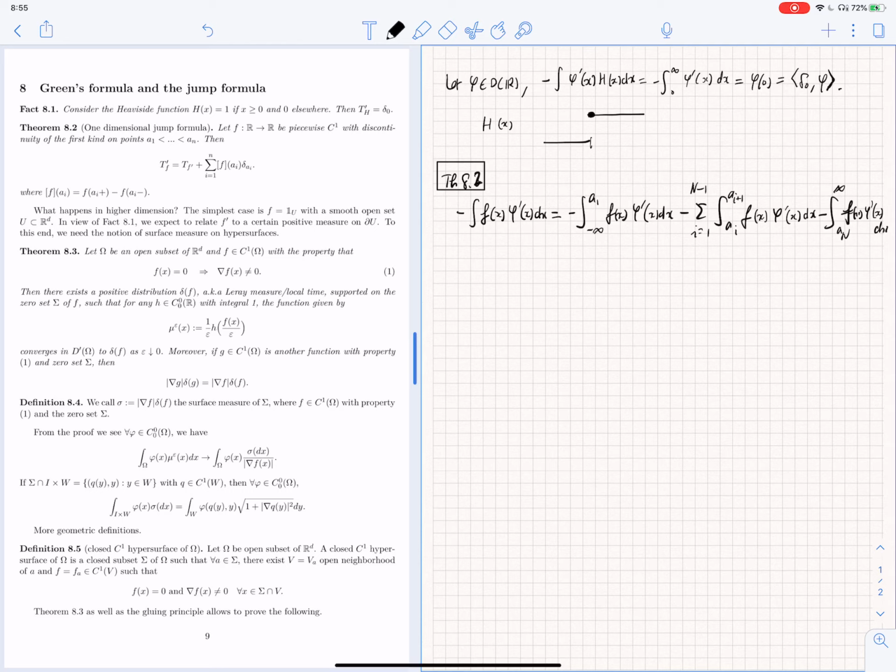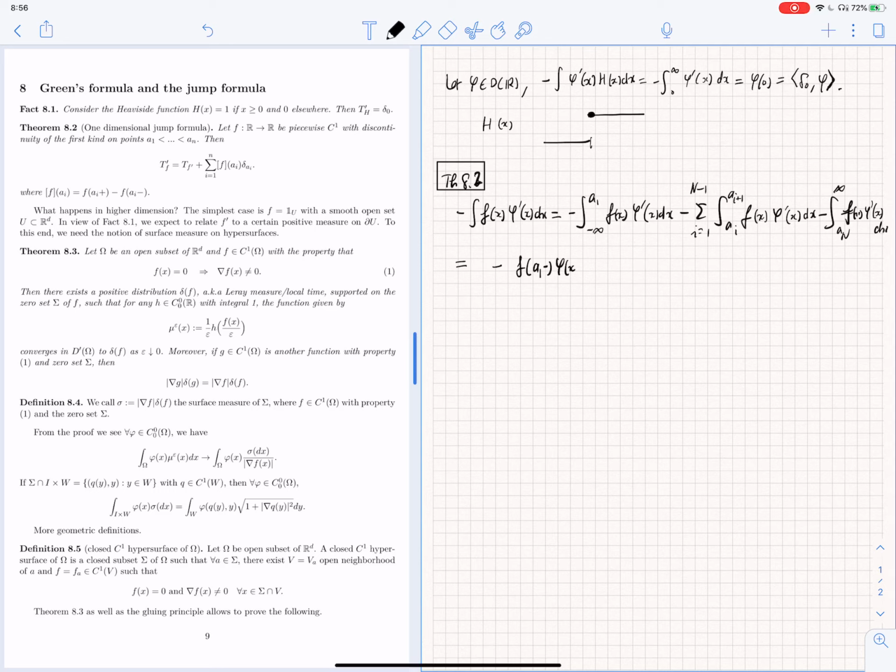All right. For the first term, if we just apply integration by parts, we have the boundary value, which gives f(A1-) φ(A1). Here A1- means the limit from the left of the function f at the point A1.